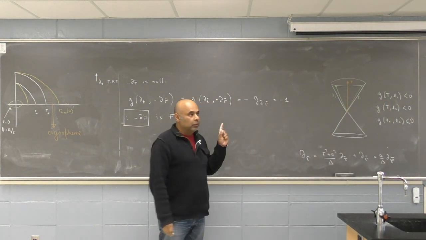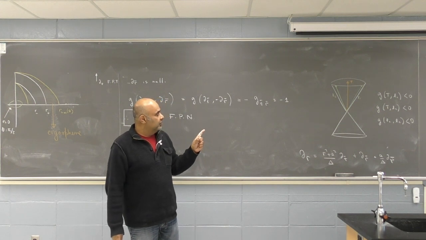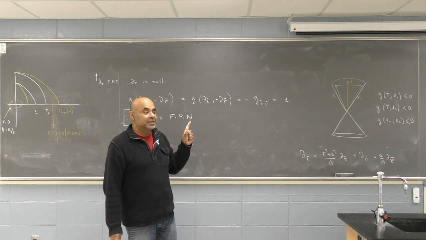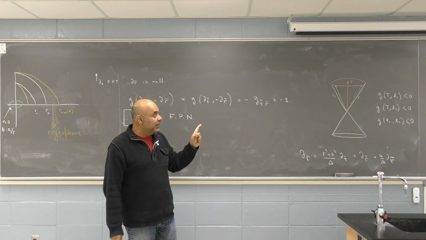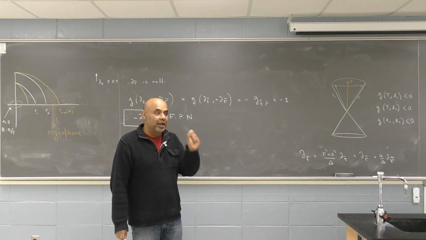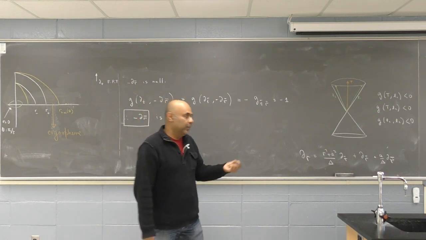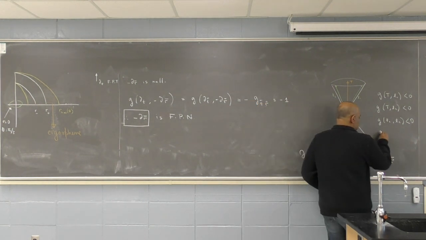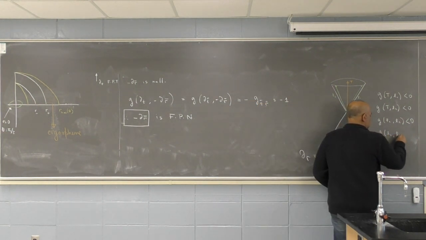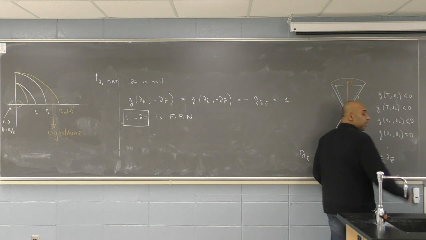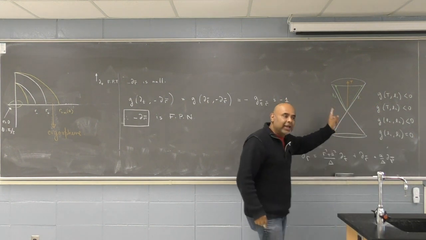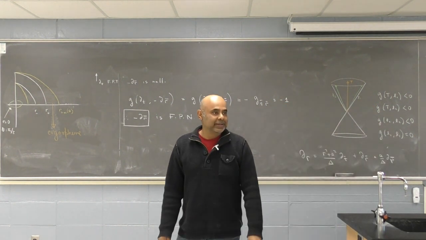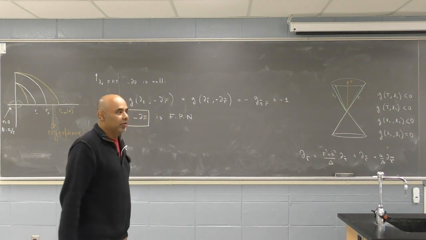the only way two vectors in the same light cone can have zero inner product is if it's a null vector. L for light-like, T for time-like, as I have probably drawn, you can tell.